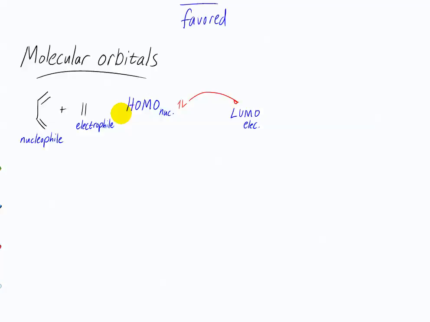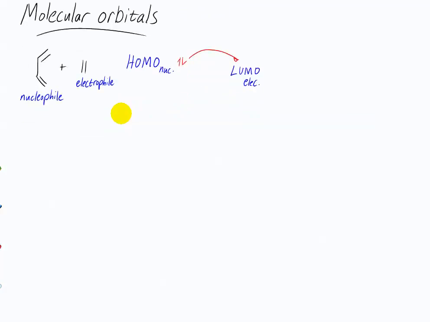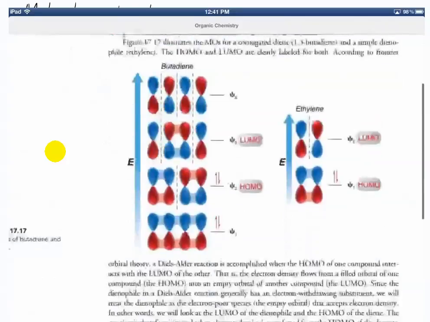To show that from an orbital standpoint, what we can do is draw the HOMO and the LUMO on each of these molecules. So we're going to take the diene and kind of look at it on its side and draw the HOMO on there. And if you don't remember what the HOMO looks like, you can derive it from that chart, but it's just this.